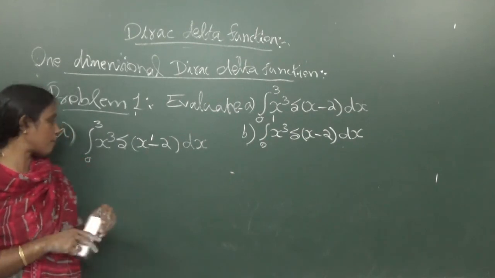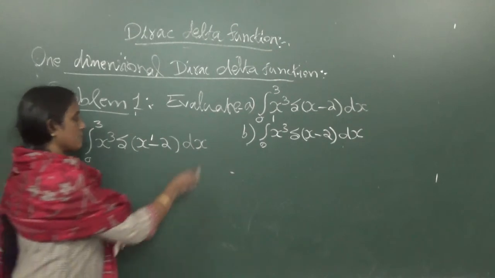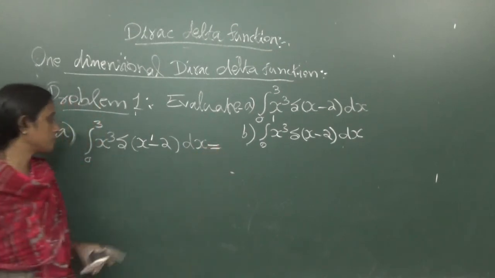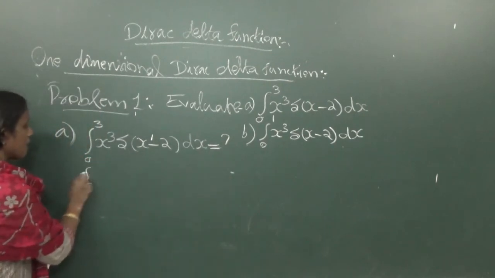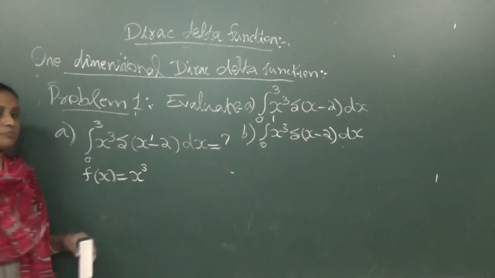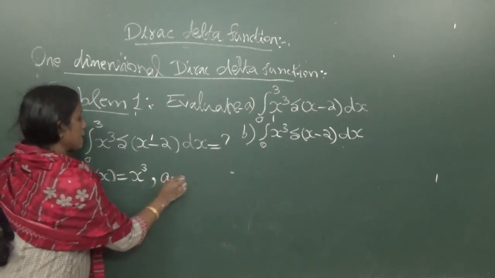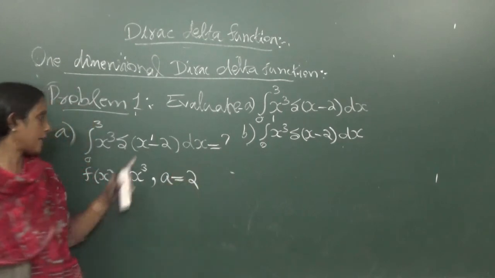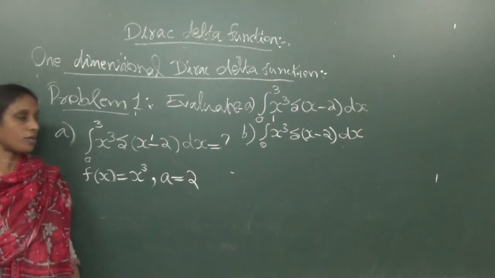We already learned about f of x, del of x minus a dx. Okay. So in this context, f of x equal to x cube and a equal to 2. Del of x minus a, with a equal to 2. Okay.